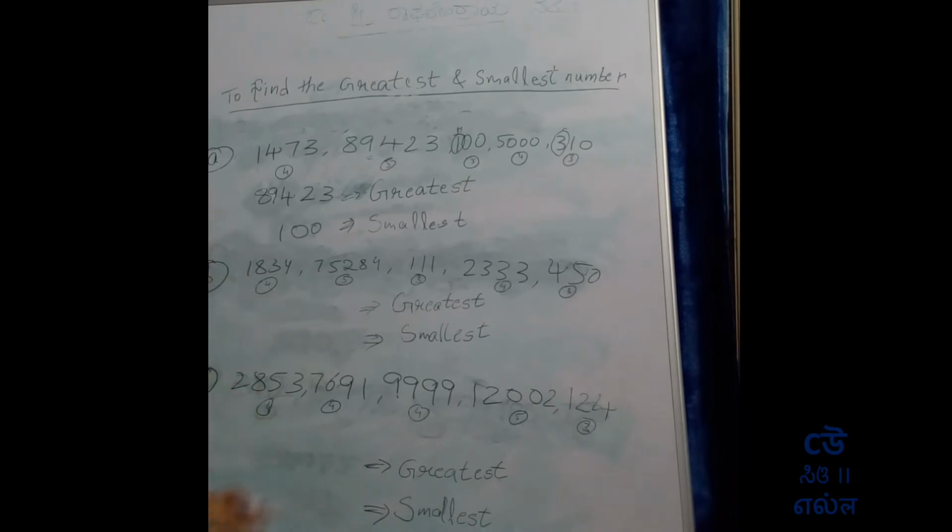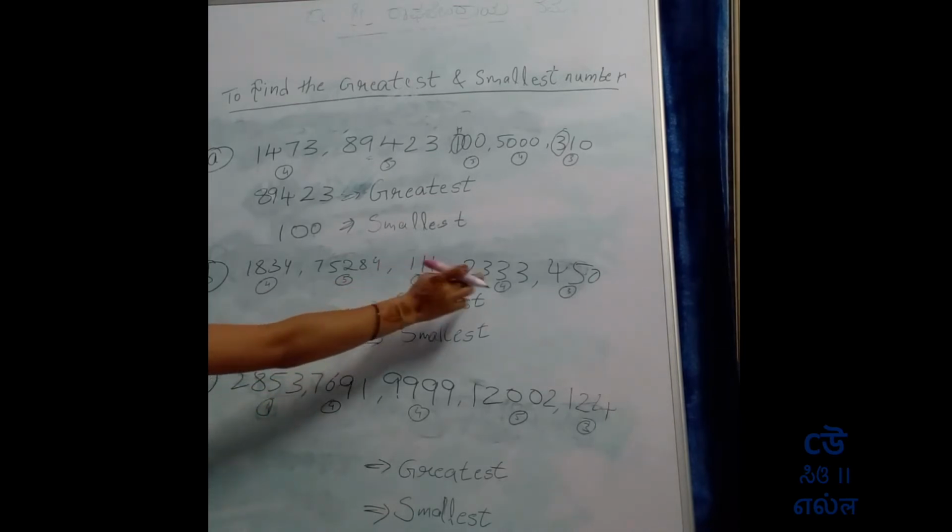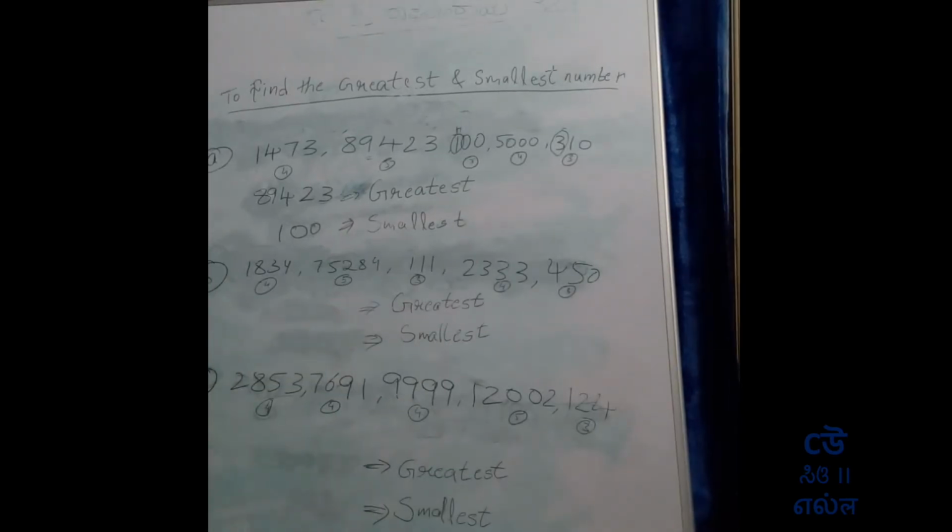Coming to the second problem, we have 183475284 and 3 other numbers. Okay, we have 5 numbers in this, and the first step is to write down the number of digits in each number. So in this we have 4, 5, in this we have 3 digits, in this we have 4, and in that we have 3 digits.